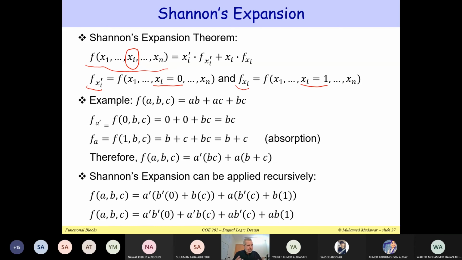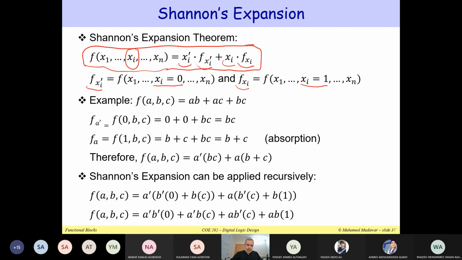You can write the expression as xi prime, that's when xi equals 0, and f sub xi prime, or xi, that means when xi equals 1, and f sub xi. That's really the Shannon expansion theorem. So it means that you can take any function f and you can write it this way.